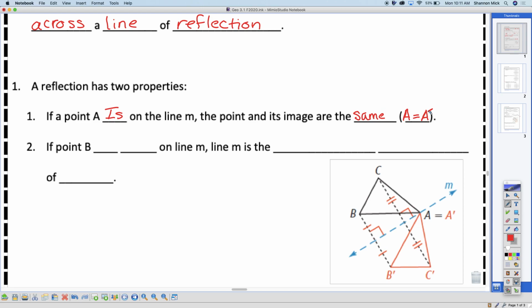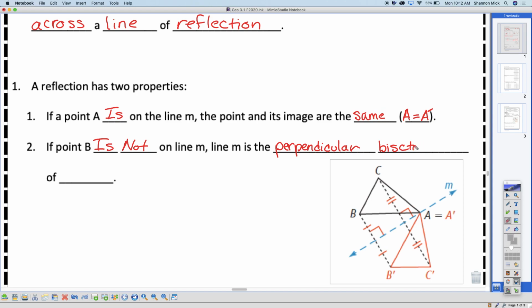If point B is not on line M, then line M is a perpendicular bisector of BB prime. How about I spell it right?